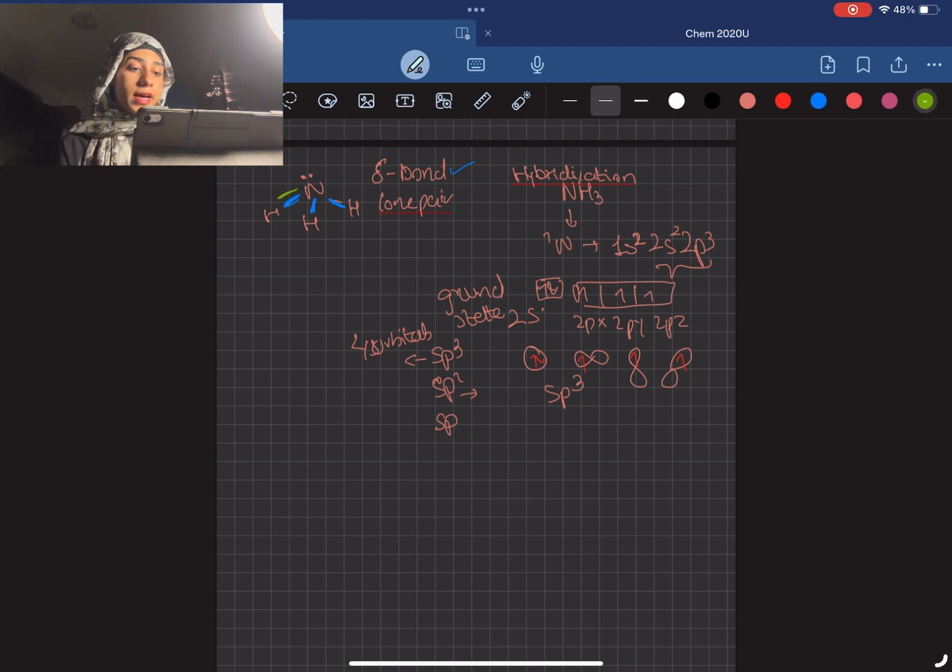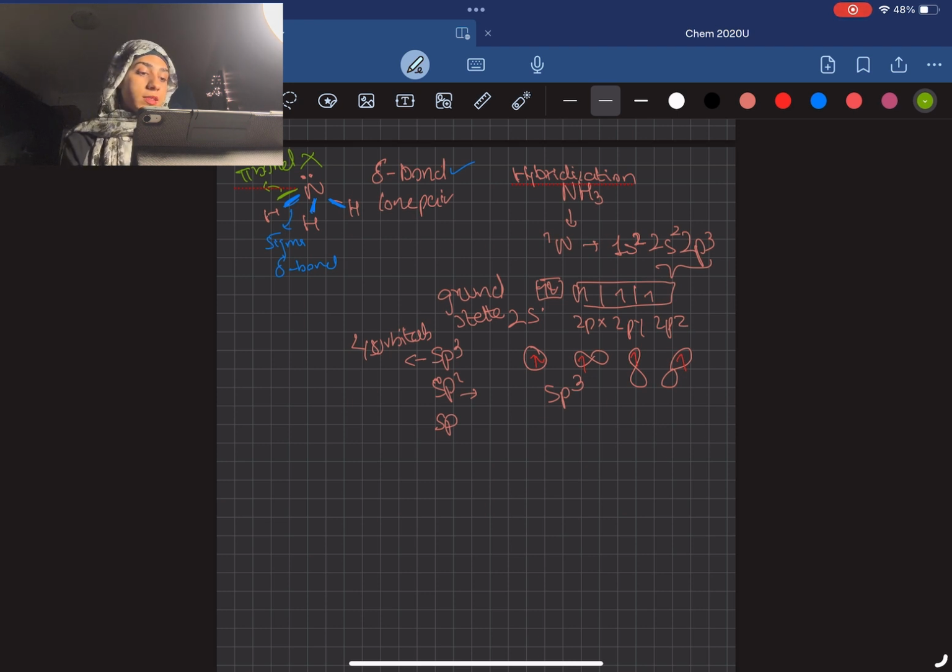However, if this nitrogen was making 2 bonds with this hydrogen, this bond would be a sigma bond. We can also denote it like this, sigma bond, and this bond would be a pi bond. So you can't consider a pi bond. You only consider sigma bonds in order to figure out the hybridization.